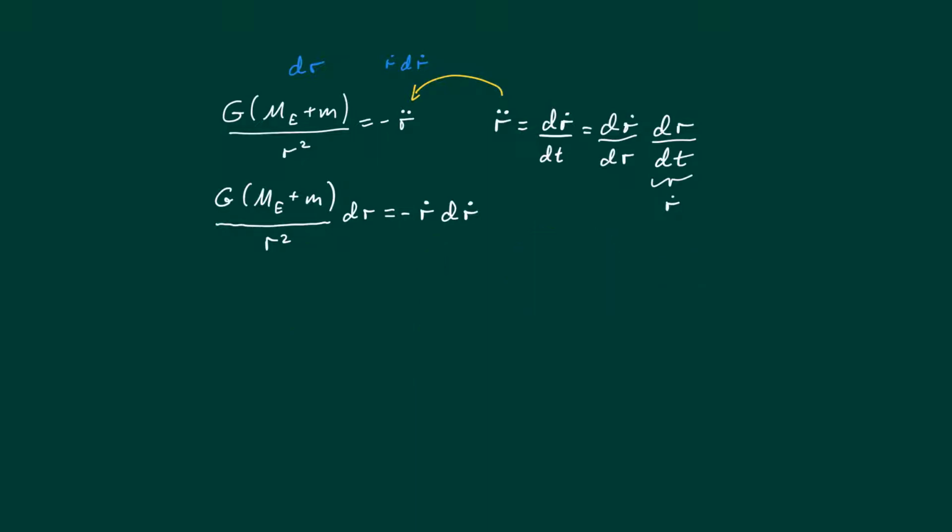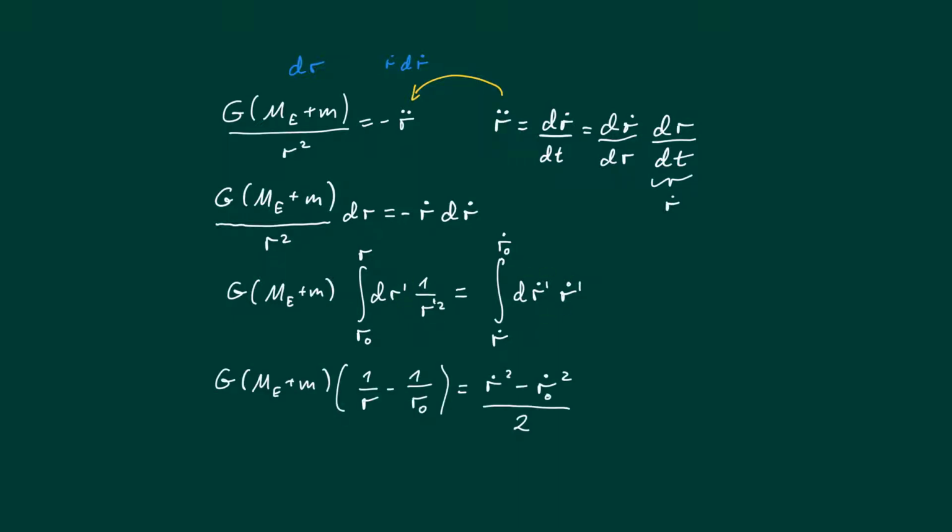So we end up with the following two integrals, and both of these integrals can be solved easily. And I incorporated the sign here into the limits of the integral, and solving this and this integral leads to this. And since we assume the initial velocity to be 0, we have on the right hand side only r dot squared divided by 2.